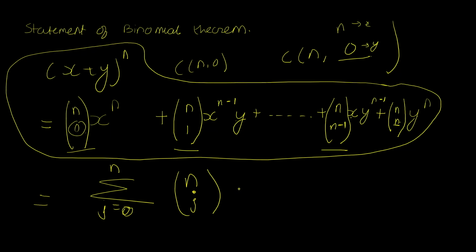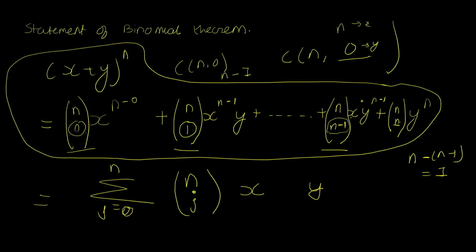And now I know in each term there is going to be some power of x and some power of y. And that pattern is also easy to see. For 0 here I have n minus 0. For 1 here I have n minus 1. So whatever I have here, I have n minus that quantity here. You could also verify it here. I have n minus 1 here. And if I take n minus 1, this will just be equal to 1.